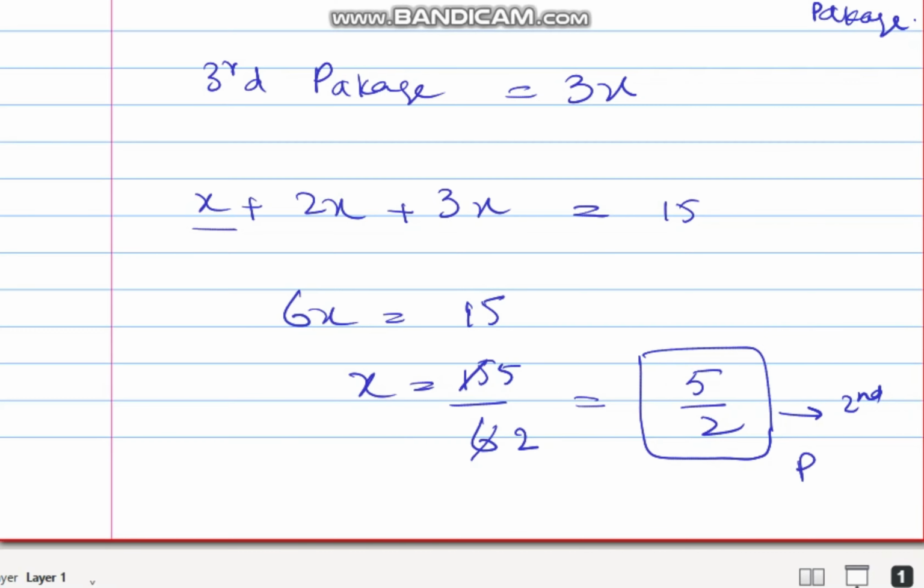How can we do this? Please note it. It's a very easy and simple exercise. We know that the first package is equal to 2 into x.